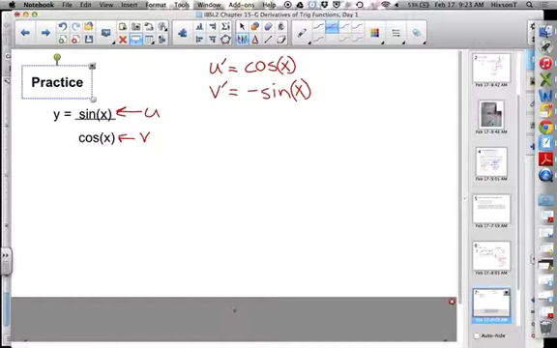And now we plug it into the quotient rule. dy dx is u prime v minus u v prime over v squared. So here we go. u prime times v is again a cosine squared. Minus u v prime was a negative sine squared, right?